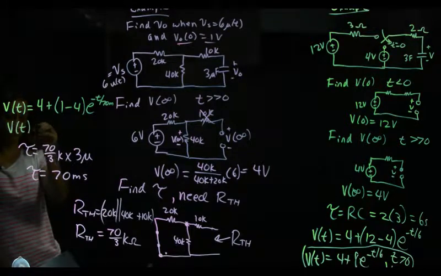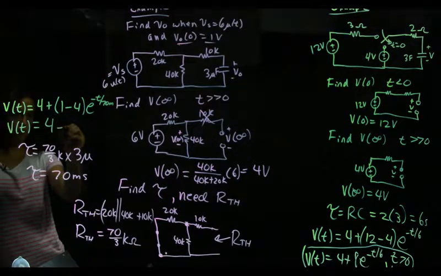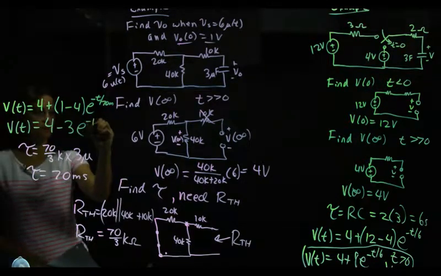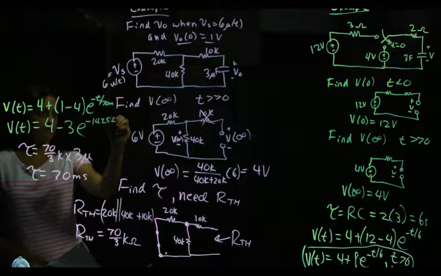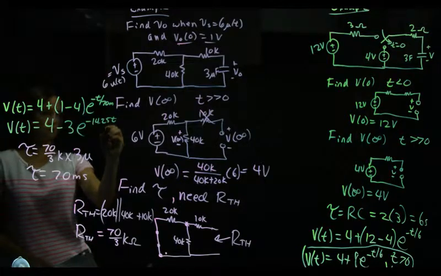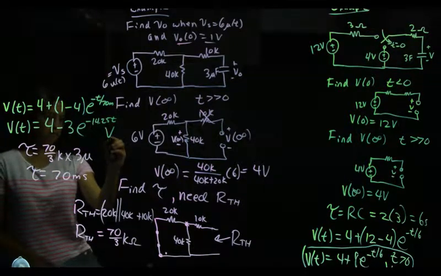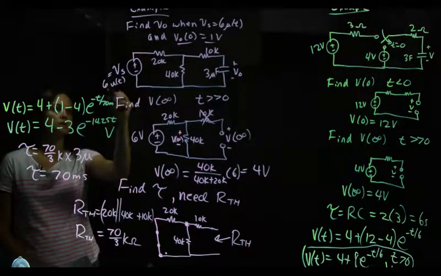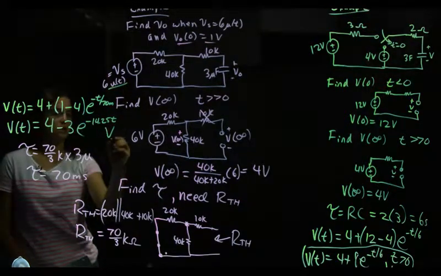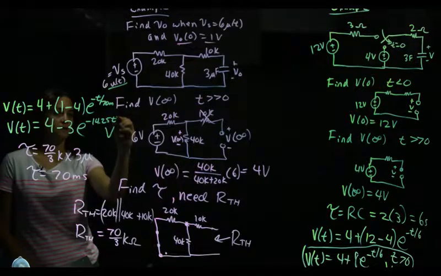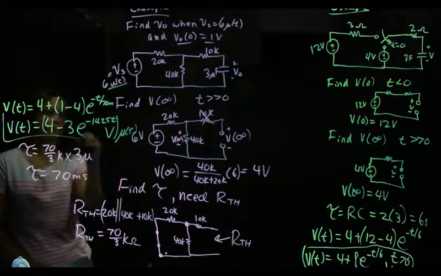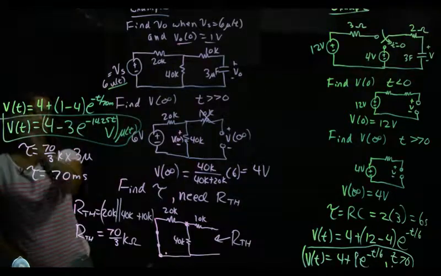So if I write that a little bit nicer, I get 4 minus 3e to the minus 14.25t, I went ahead and used a calculator, and this is volts. And instead of writing t greater than or equal to 0, since we used this terminology, we can just add that in. So say times u(t). There we go.